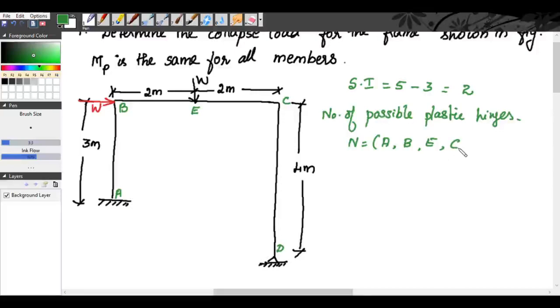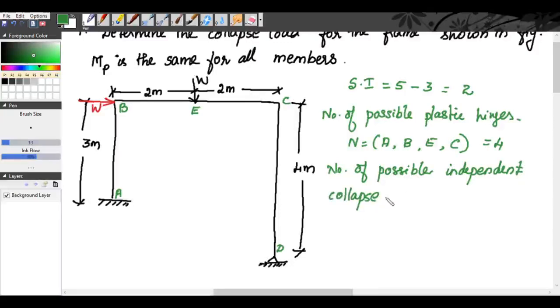C is a rigid joint. So the number of possible plastic hinges is 4. So the number of possible independent collapse mechanisms is equal to 4 minus 2, that is 2.